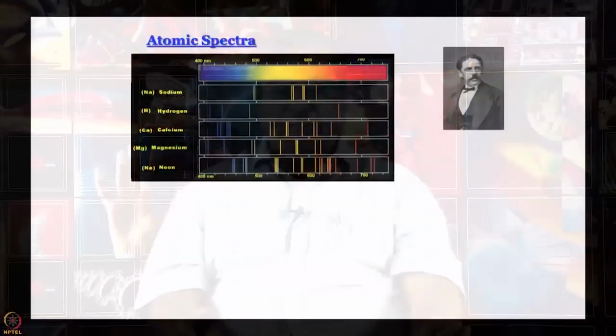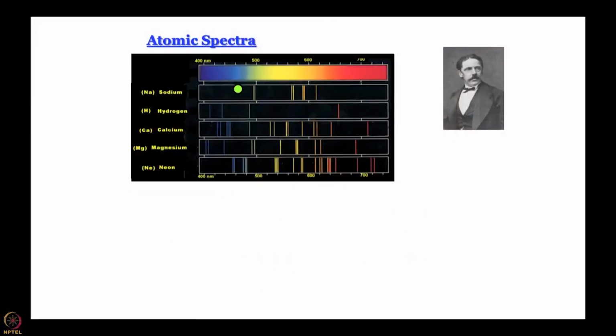What you see here is a collection of emission spectra of several atoms, and it is depicted here in the classical way. What you can think is you have this source, the emitter, and the light that is emitted falls on a grating or a prism which disperses the light, and that falls on a photographic plate. So, different regions of the photographic plate record intensities of different light.